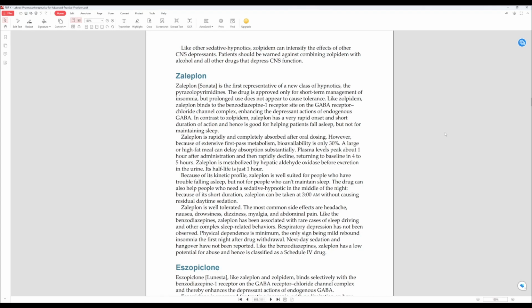Like Ambien, Sonata binds to the benzodiazepine 1 receptor site on the GABA receptor chloride channel complex, enhancing the depressant action of endogenous GABA. However, in contrast to Ambien, Sonata has a very rapid onset and short duration of action, and therefore is good for helping patients fall asleep, but not for maintaining sleep.